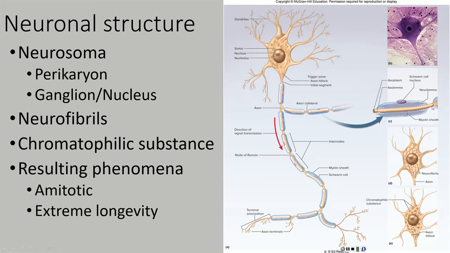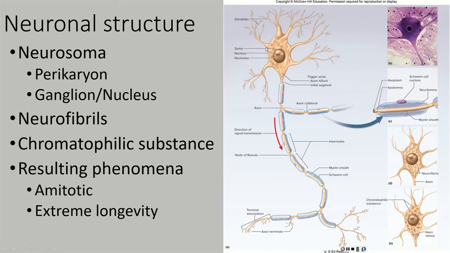First, the cell body, this kind of large swollen area right here, or this very large roundish area right here. This is the cell body, also called the soma, also called the neurosoma. Well, this is just what we have as the actual cell itself. When we were learning about the generalized cell back in chapter 3 and all of the parts that were inside of it, well, those are all found within the soma, within the neurosoma.